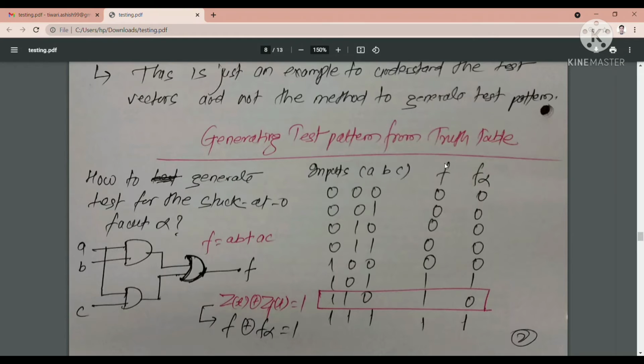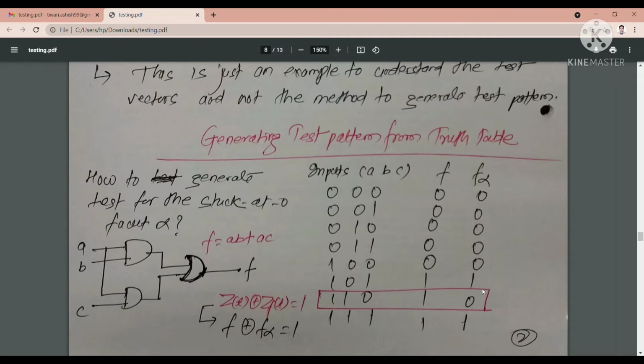Now this is the assumption that a fault is there. So how will you check whether the fault is there or not? We can check by examining the difference between the faulty output and the fault-free output. Here it is 0 0 0 0 0 0 0 0 0 0 1 1, but here it is 1 0. So this is the faulty condition.